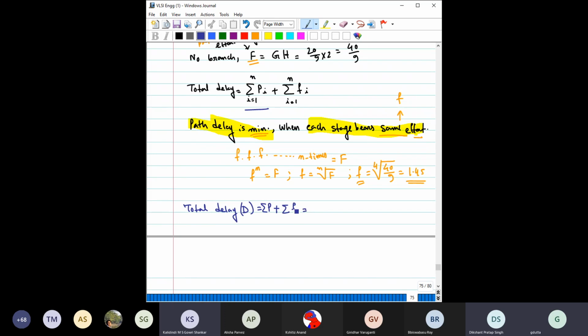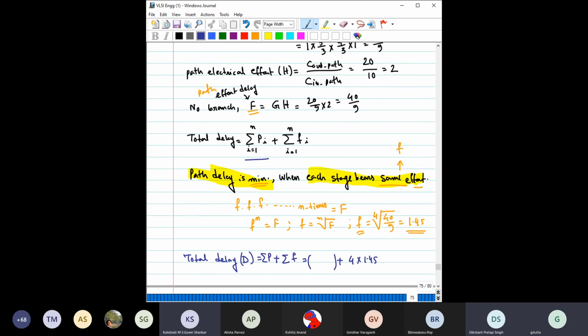Okay, now the summation of all this f, if we write, then how much will it become? We have seen f is 1.45, so it will be 4 into 1.45, right? Now what is the total parasitic delay?